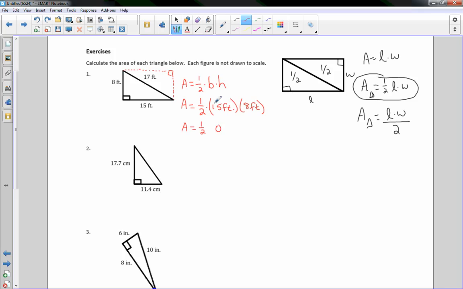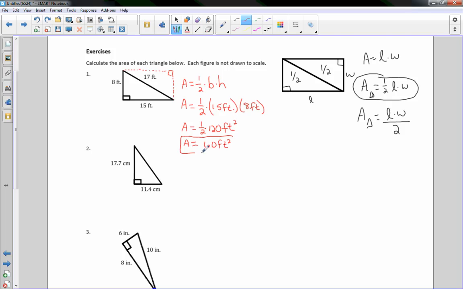Carry the 4, and 8 times 1 is 8, plus 4 is 12. So 15 times 8 is 120, and feet times feet is feet squared. Now I just want to multiply 1/2 times 120, or it's the same as 120 divided by 2, and the area equals 60 square feet.